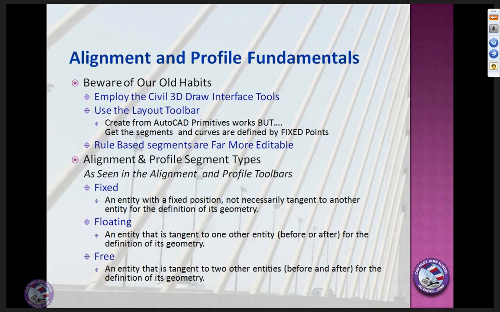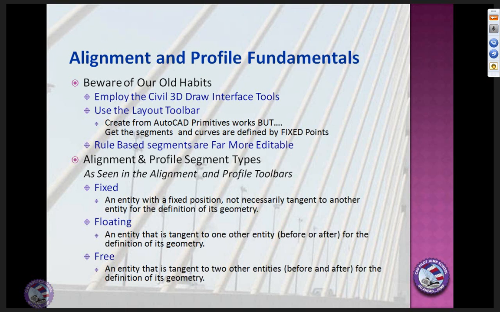Basically, I'm going to beat this one to death. I'm going to hit you on the head with a football. Full-blown blitz here. You have to beware of your old habits. Employing the Civil 3D draw interface tools is critical to being able to get work done faster on a regular basis.